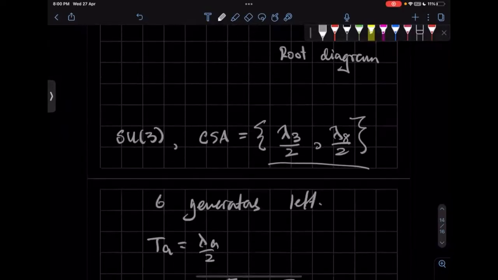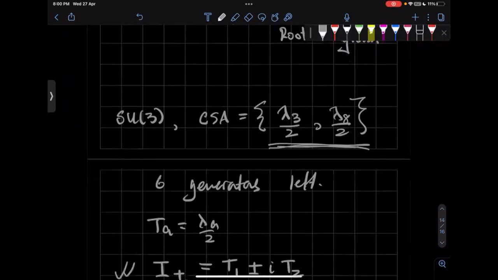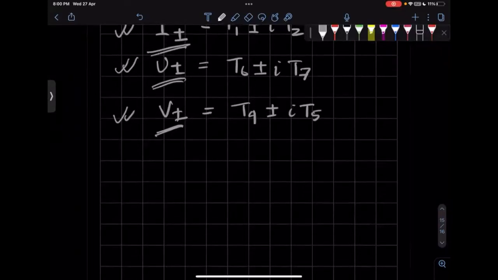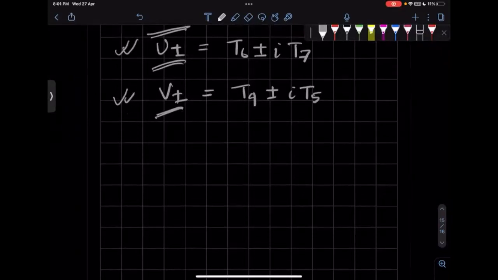But since the Cartan subalgebra is two-dimensional, every vector will be labeled by 2 real numbers. So the root diagram in the case of SU(3) will no longer be a line; it'll be a two-dimensional object.